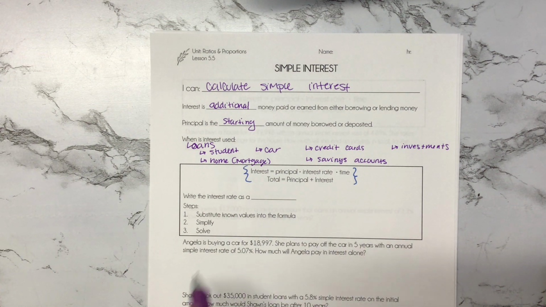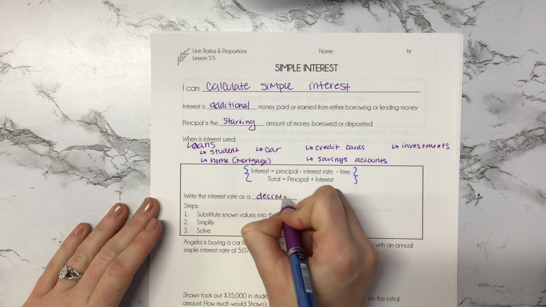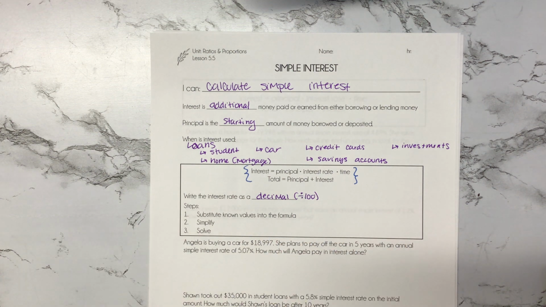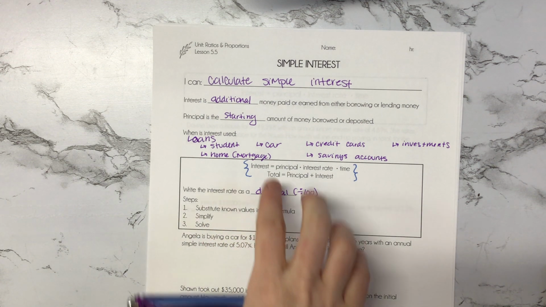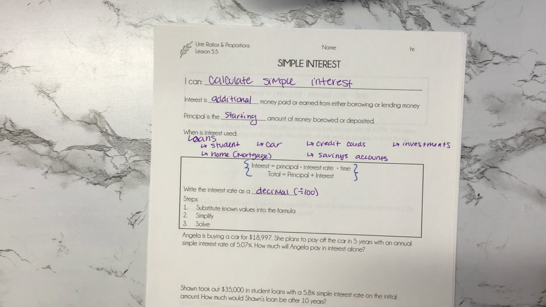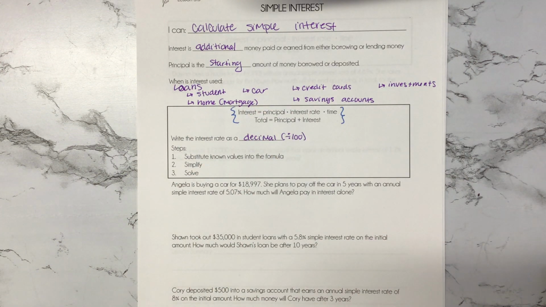So for this one, we're just always going to write the interest rate as a decimal. If you need to say divide by 100, you go for it. Okay? So we substitute our known values into the formula. You simplify, which you can, and you solve. That's it. Okay? Basically, you plug them in, type them in your calculator, which I need to get.